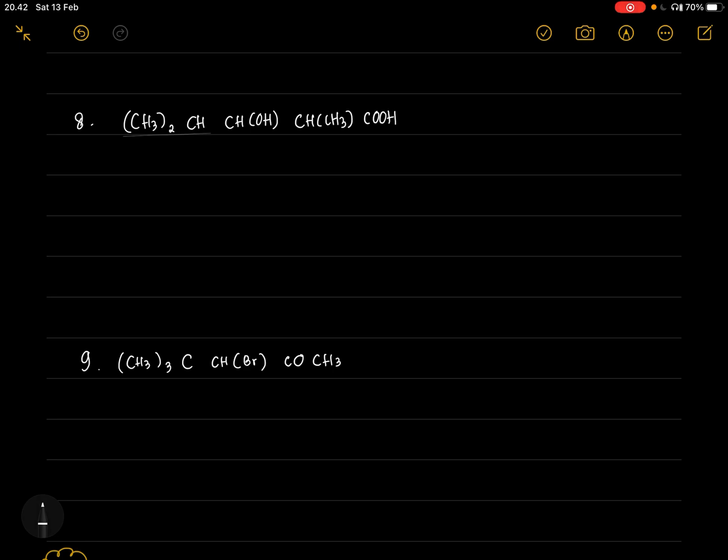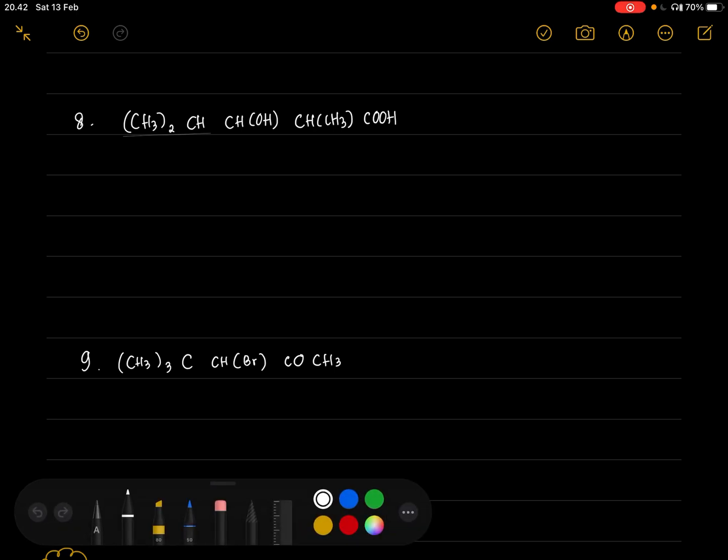Before you name, you open up the structure and then do the same routine to name it. So you encircle, and then you choose the longest chain as the parent chain, and so forth. So here I'm giving you the idea of breaking it up.